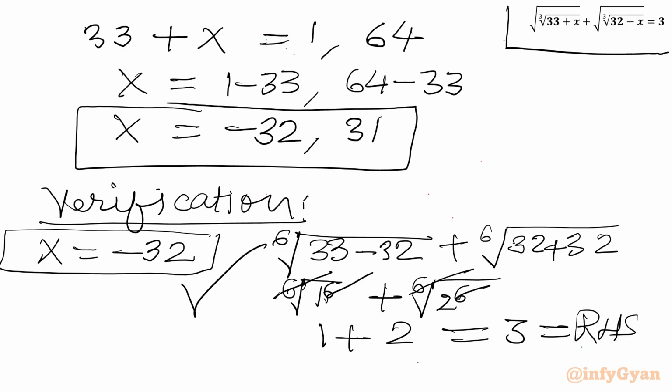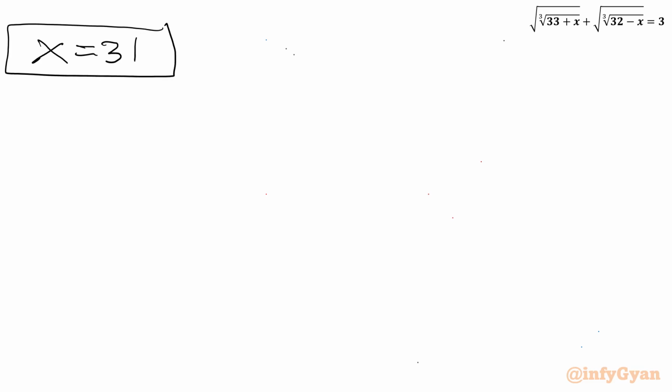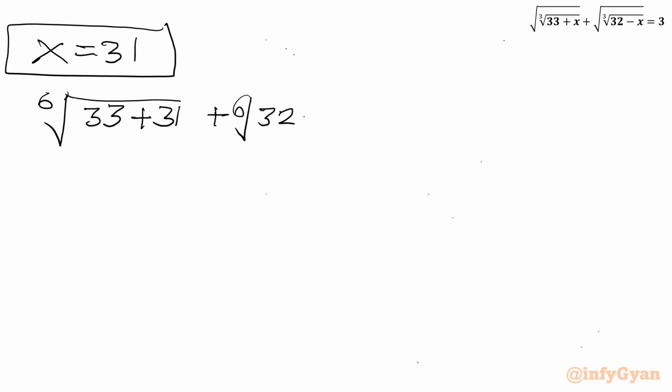Now the turn of x equal to 31. So LHS I will be writing 6th root of 33 plus 31 plus 6th root of 32 minus 31.